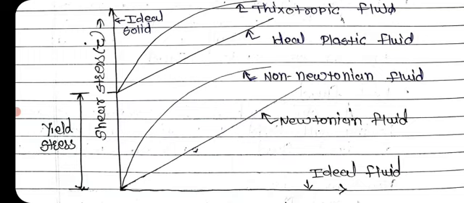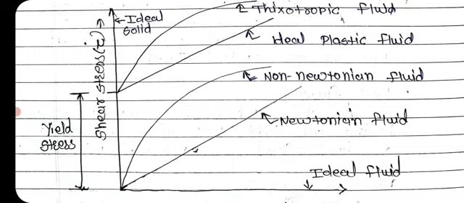An inclined line indicates a linear relationship between stress and strain. A curved line indicates a non-linear relationship between stress and strain. Right? So ideal plastic has a linear relationship between stress and strain, but that line is above some value on the y-axis, and that value is known as yield stress. Right? Ideal plastic fluid.